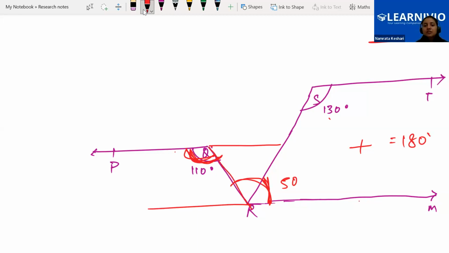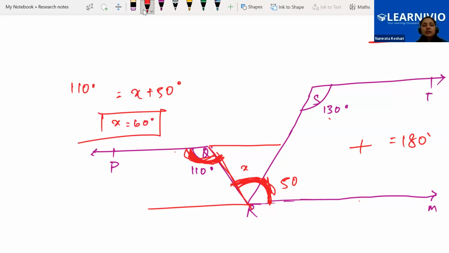This is a transversal, then this angle and this angle, these two red colored marked angles, are a pair of alternate interior angles. That means these two are the same. So 110 equals, let's say this is x plus 50 degrees, and from here we get x as 60 degrees. It's that simple.